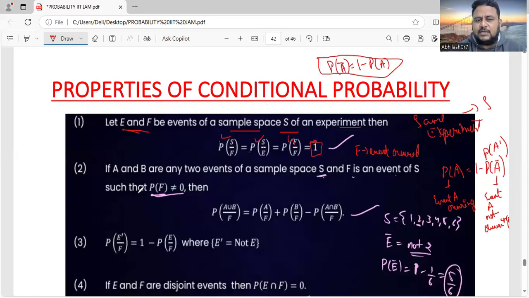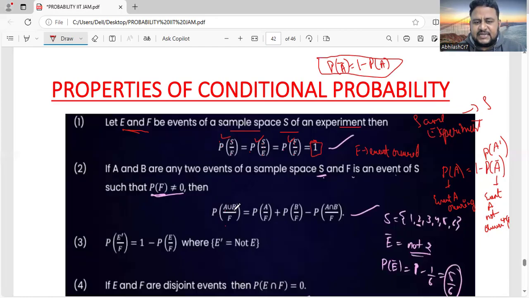Next, if A and B are two events of a sample space S and F is an event of S such that P of F is not equal to 0. Okay, so they are talking about conditional probability here. Here P of F is not equal to 0, and F is an event that has already occurred.